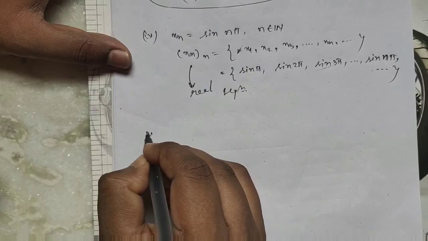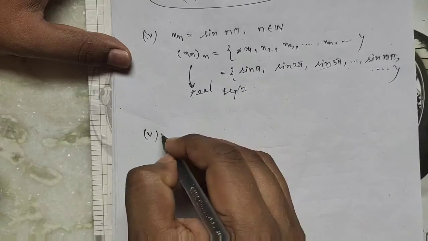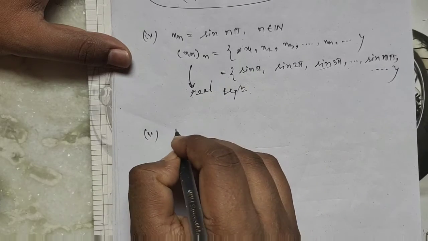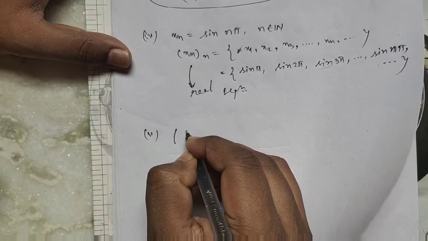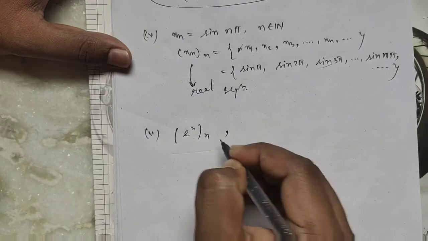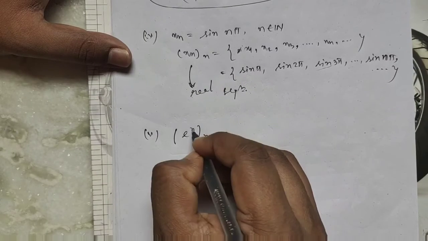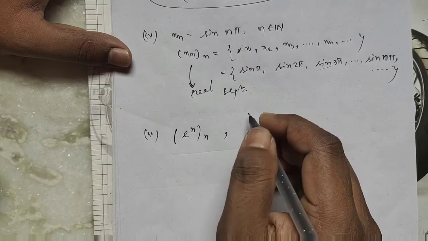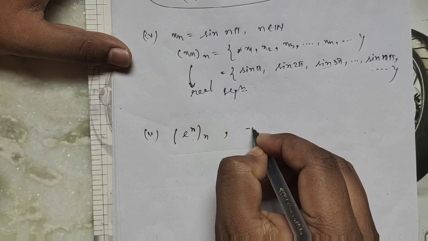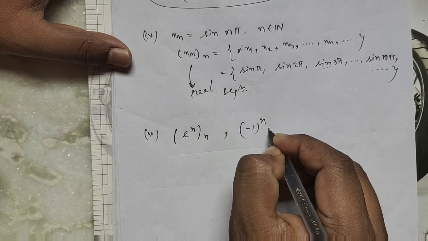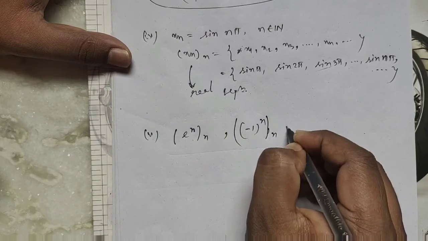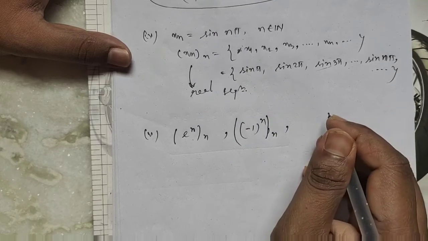Similarly, e to the power n is also a real sequence. Minus 1 whole to the power n is a real sequence.